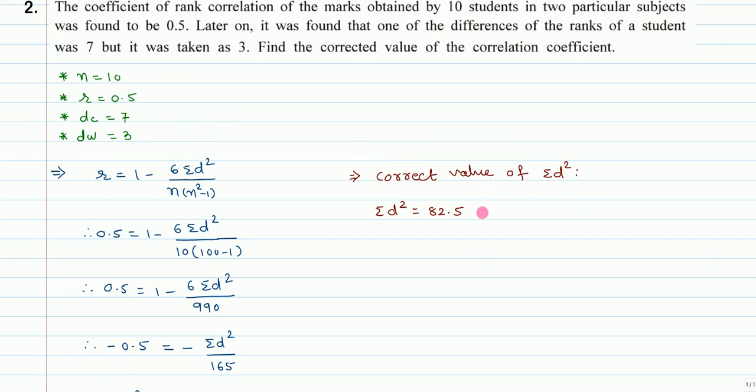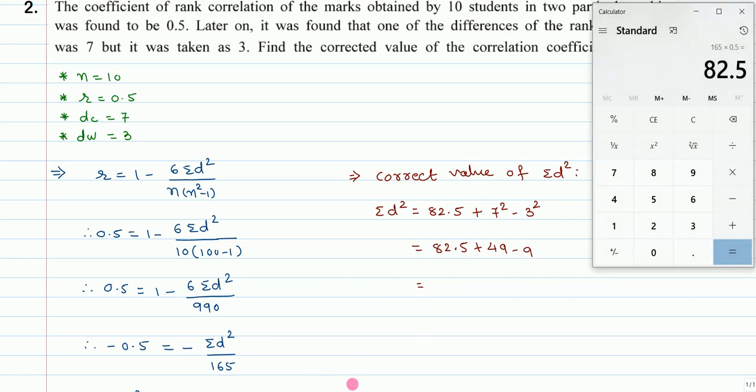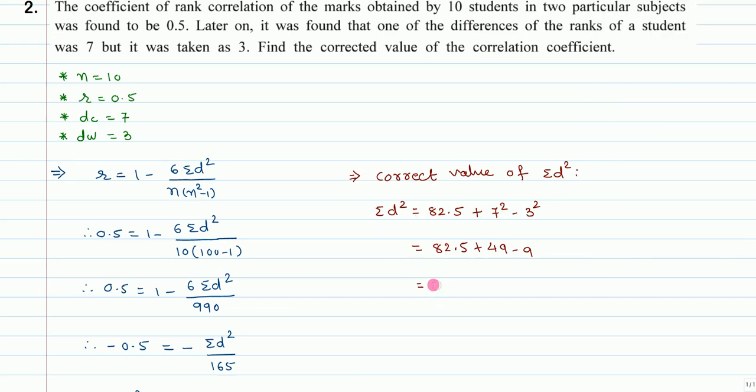But it is d square, so we have to add 7 square and subtract 3 square. So it is equal to 82.5 plus 49 minus 9, which is equal to 122.5. 122.5 is the correct value of sigma d square.